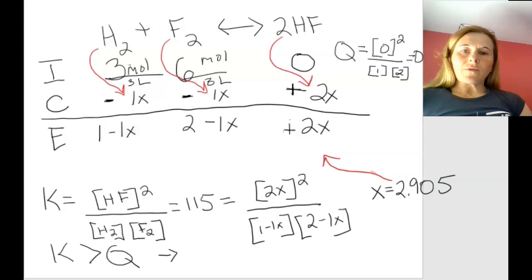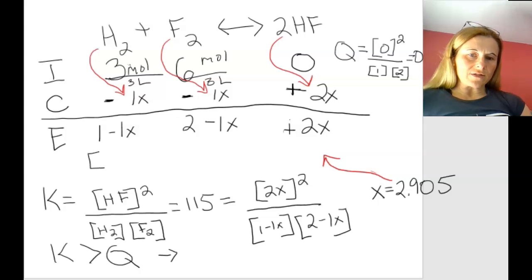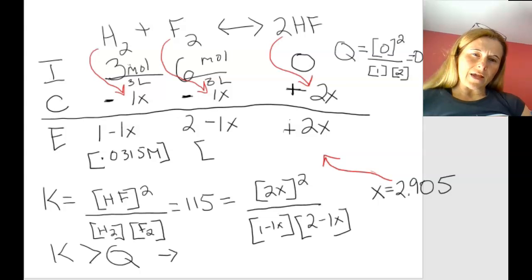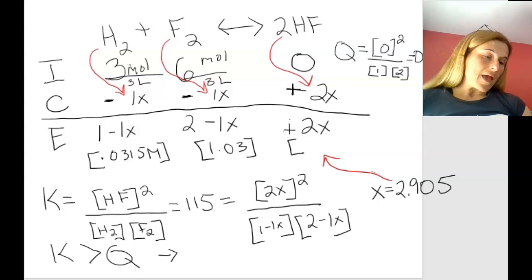And let's see. We get our hydrogen gas concentration is 0.0315 molar, and our fluorine is 1.03 molar, and our hydrofluoric acid is 1.94.